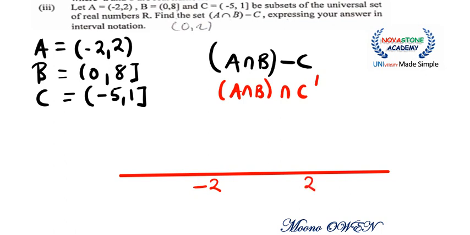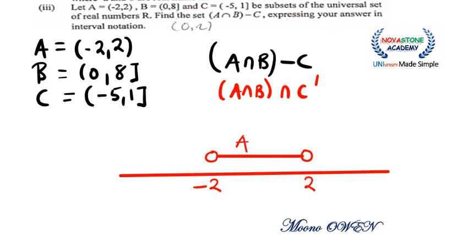So we're moving from this -2 to the other 2. Am I supposed to shade or not? No, I'm not supposed to shade because these are not included, so I'm going to join them like that. So that is our A.